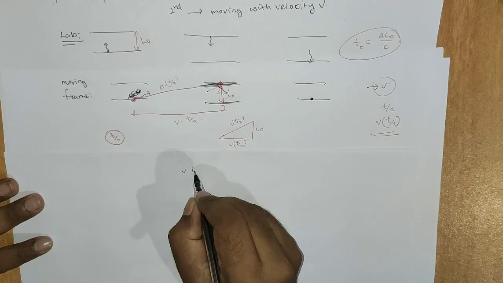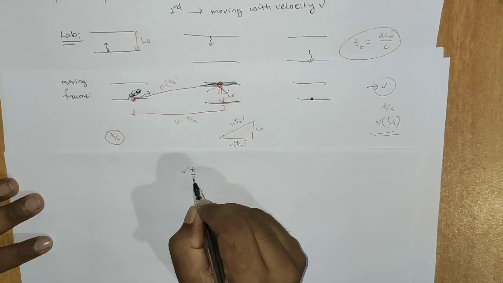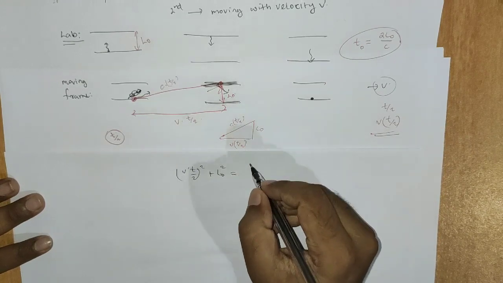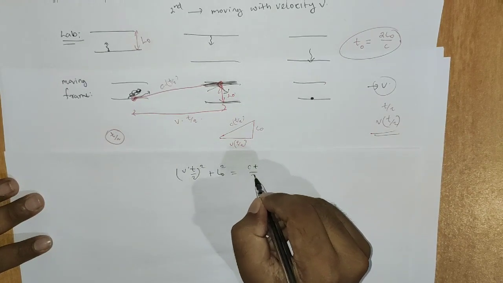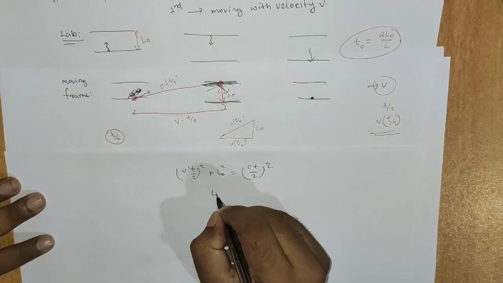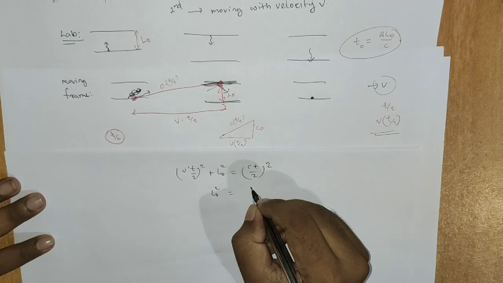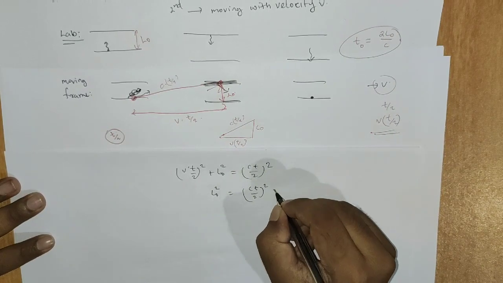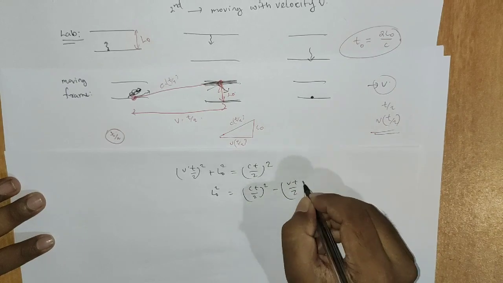Okay, (vt/2) square plus L0 square equal to (ct/2) the whole square. Okay, so L0 square is equal to (ct/2) the whole square minus (vt/2) the whole square.